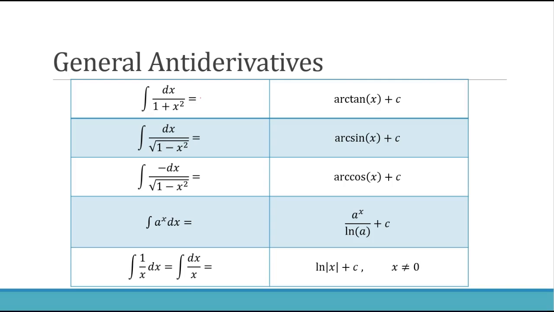The integral of 1 over radical 1 minus x squared dx is arcsine, and of course if there's a negative, then we have arccosine. The integral of an exponential function, a to the x dx, well, that's a to the x divided by natural log a, as opposed to for the derivative, it's multiplied by natural log of the base.